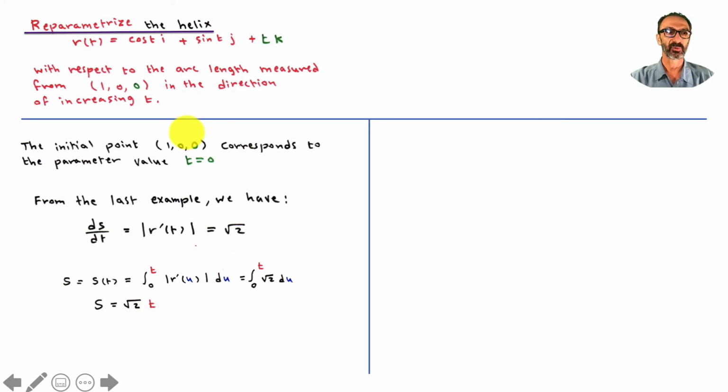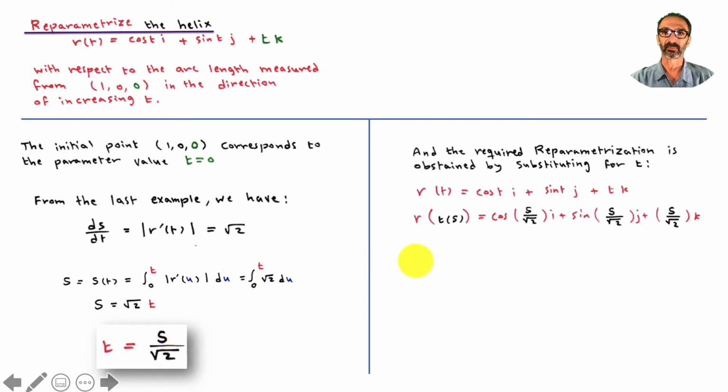They want me to reparameterize the helix. So now it's written in terms of the parameter t. Now we could write it in terms of the parameter s. From here, I could rearrange and write t by itself as s over square root of 2. We're pretty much done, by the way.